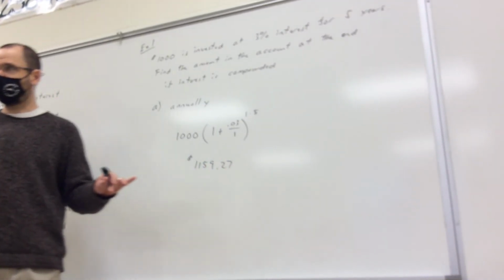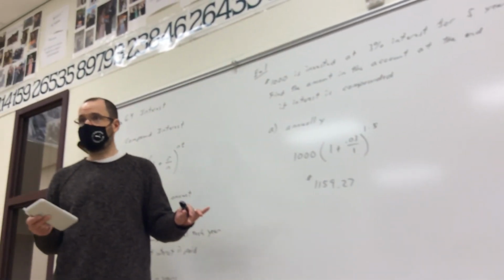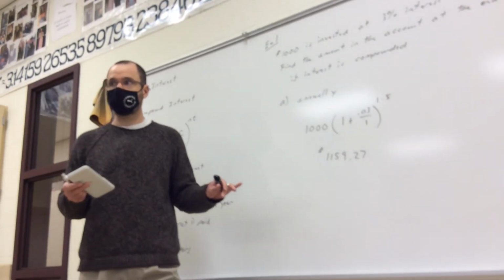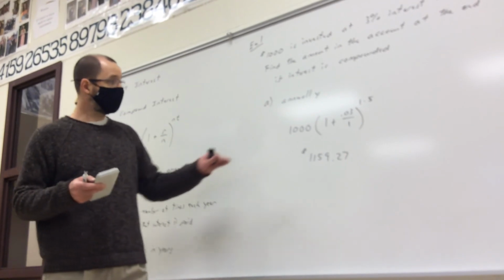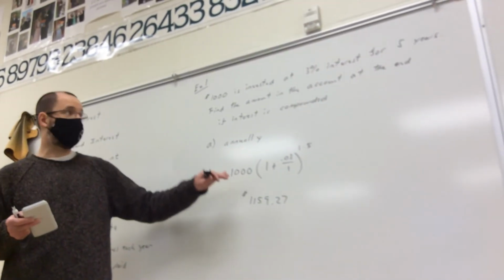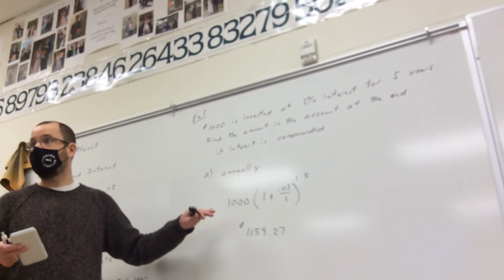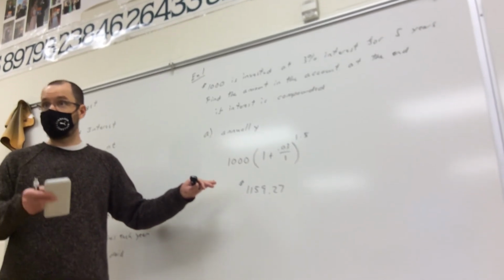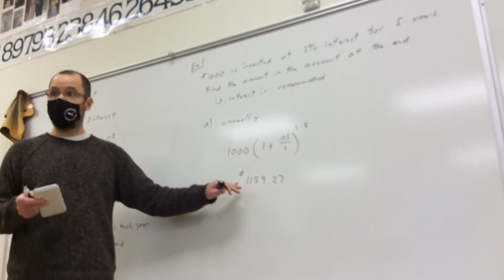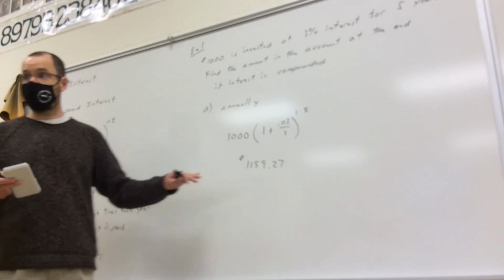But still, don't forget, 3 decimal places all the time on the AP test, right? Okay, so that means if you put $1,000 in the bank and you've got a 3% interest account, and they give you interest at the end of every year, you're going to have at the end $1,159.27.